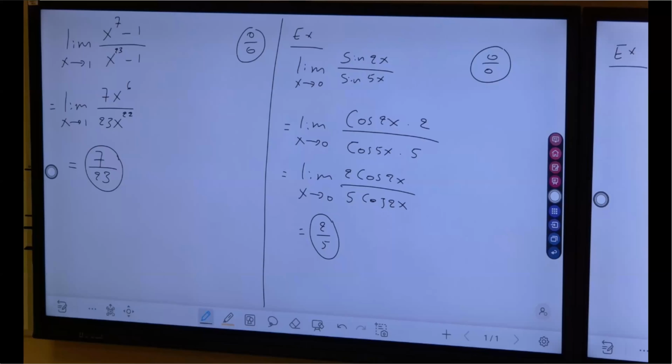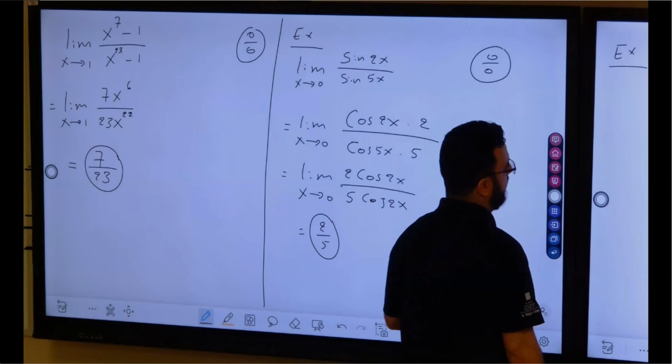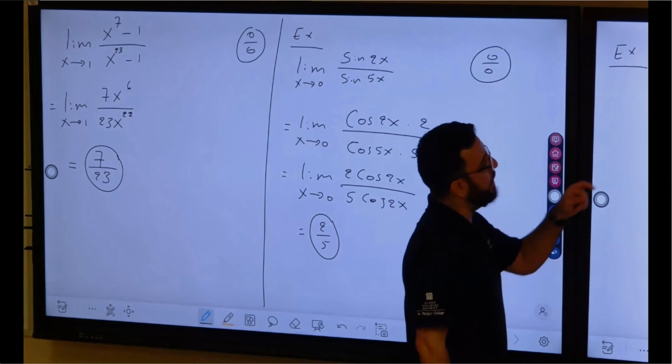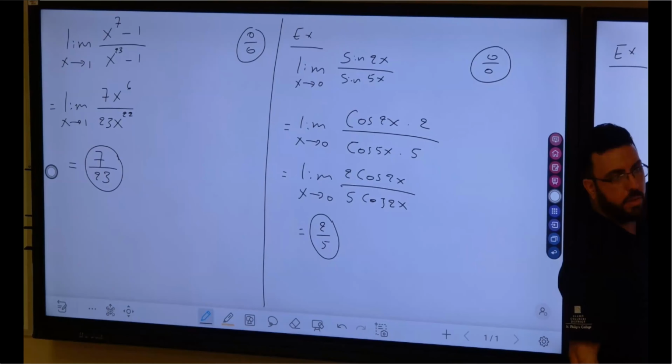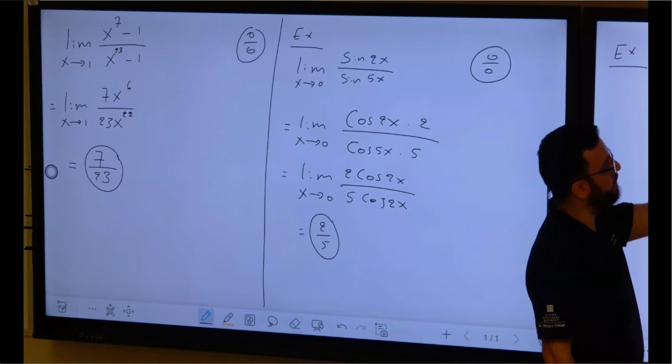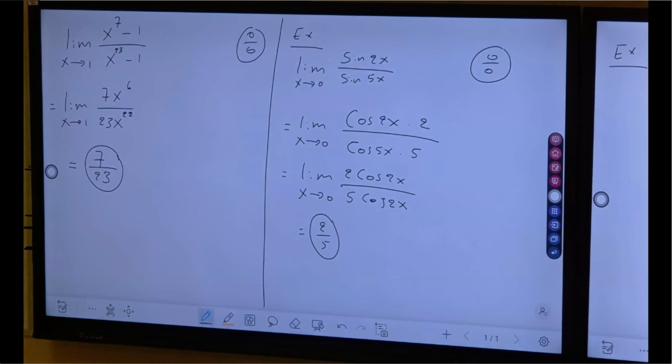Limit to the infinity, we're going to divide by the highest exponents, and then we're going to plug in the infinity. Now we need to use the rule. If I plug in infinity here, 4 times infinity is going to be infinity. And everything on the top is going to be what? Infinity. The same thing on the bottom. If you plug in infinity, we got infinity over infinity.